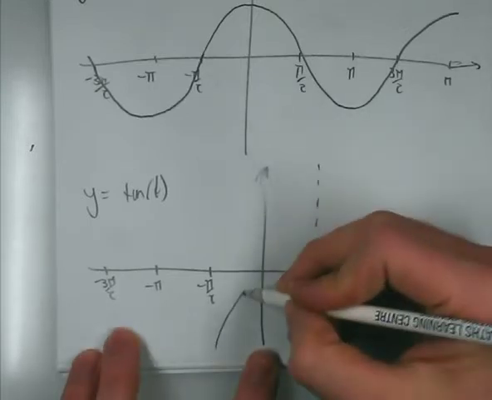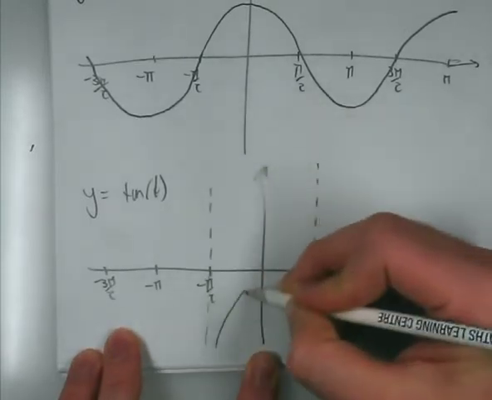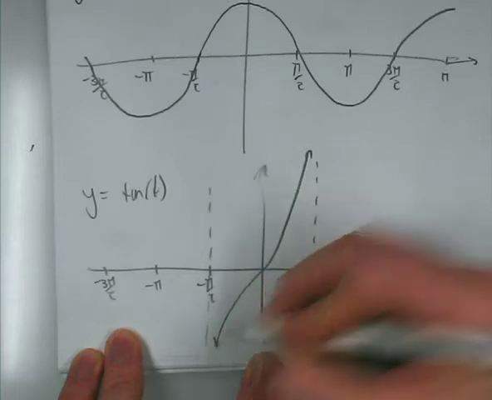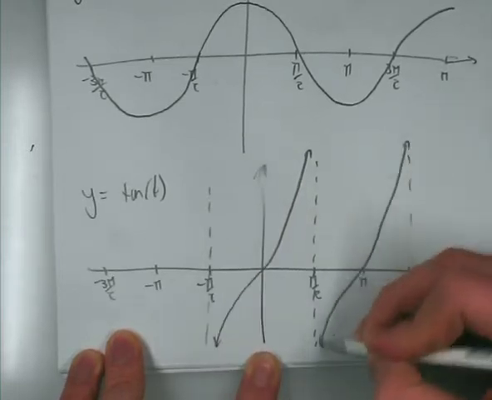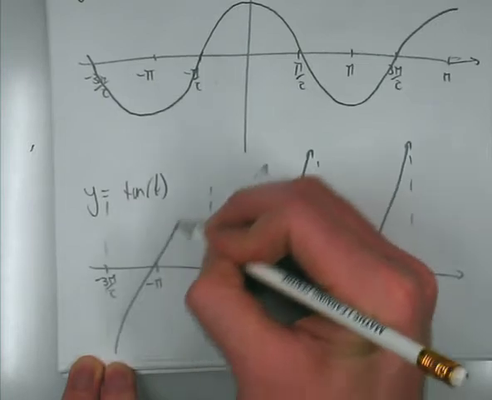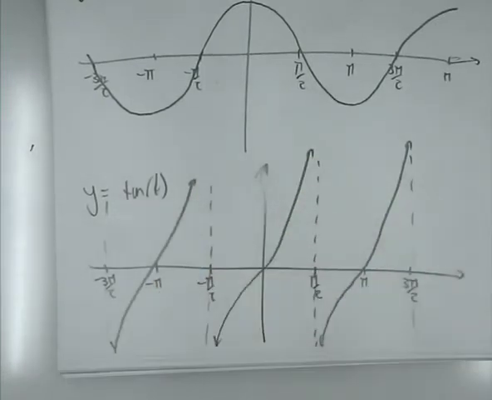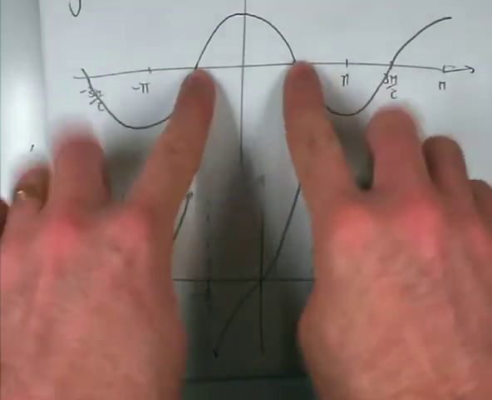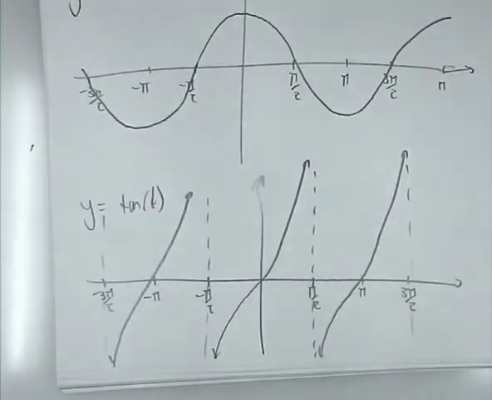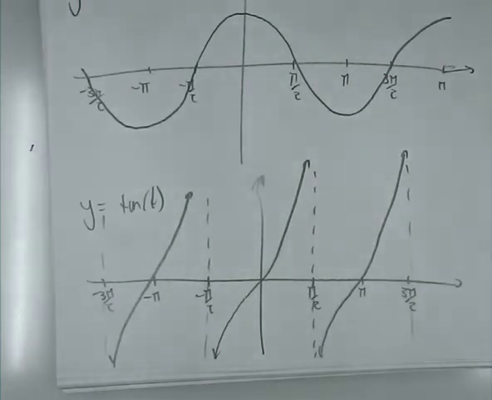So what happens is you get this going on. Like that. And you'll see that the places where tan is undefined match with the places where cos crosses the x-axis. And the places where tan crosses the x-axis are the same places where sine crosses the x-axis.